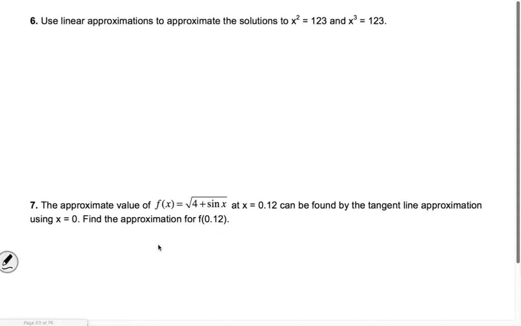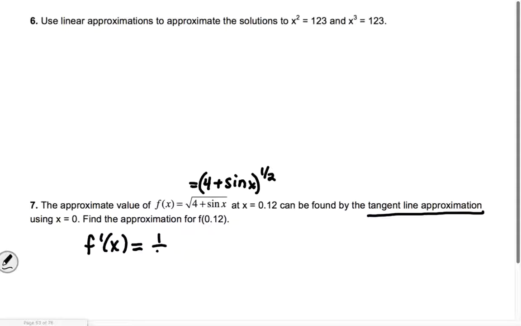So you would see that it said something like tangent line approximation. You'd be like, oh, I know how to find tangent lines. I find the slope, right? And I find the point. So this was 4 plus sine of x raised to the 1/2. So its derivative is 1/2 times 4 plus sine of x to the negative 1/2 times cosine of x.